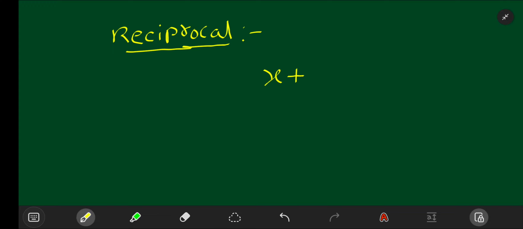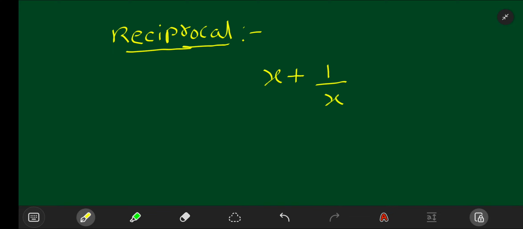Let's go with the reciprocals. Reciprocal: x plus 1 by x.